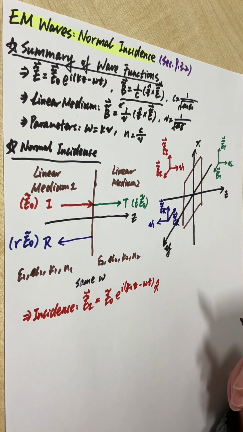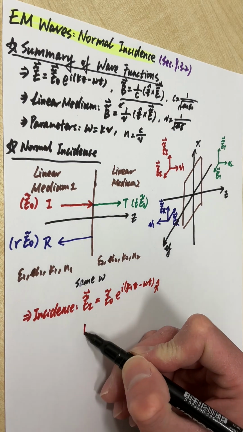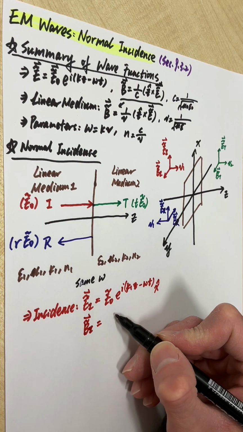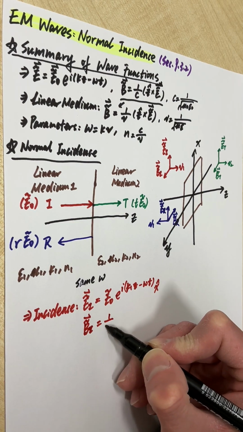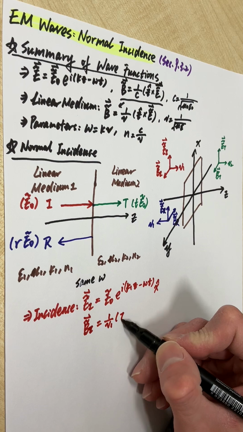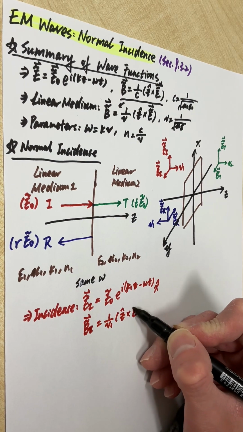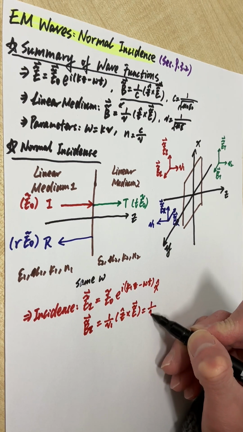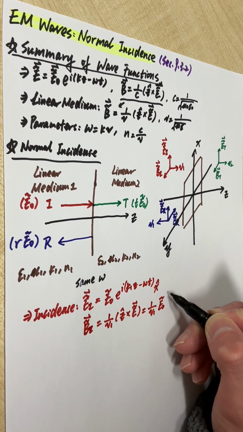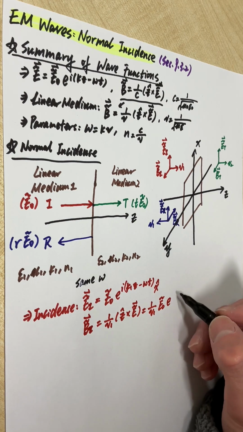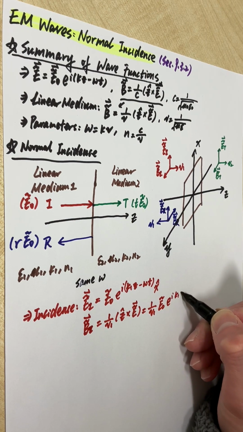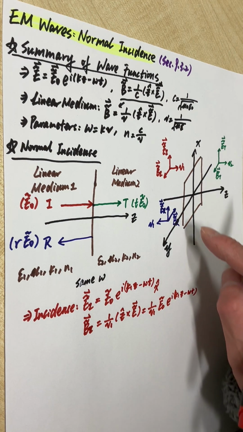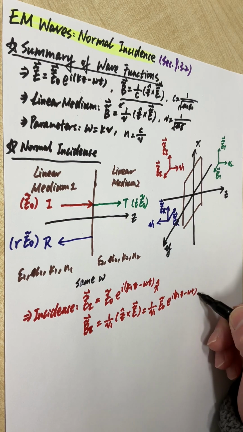Then the magnetic field is 1 divided by V1, propagation direction cross electric field, so 1 divided by V1 times E0 times e to the i kappa 1 Z minus omega T. The propagation function is the same, but the direction of the magnetic field is the y direction.